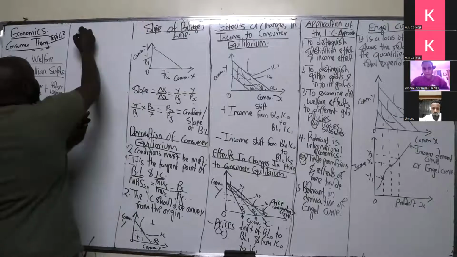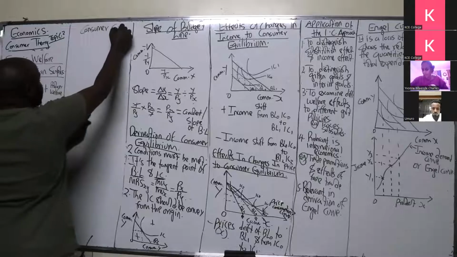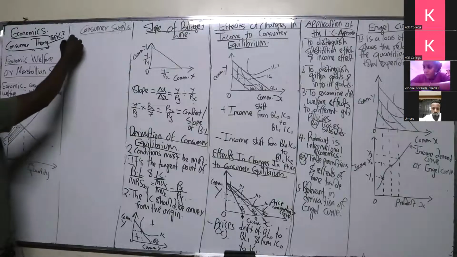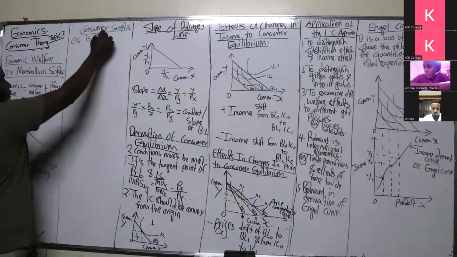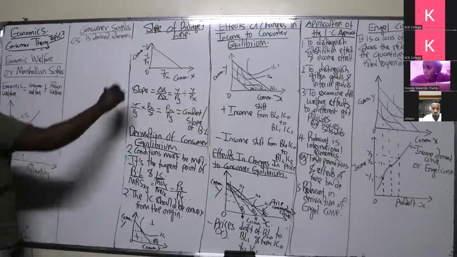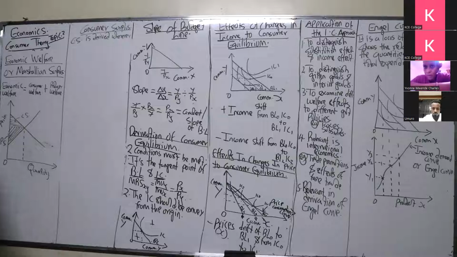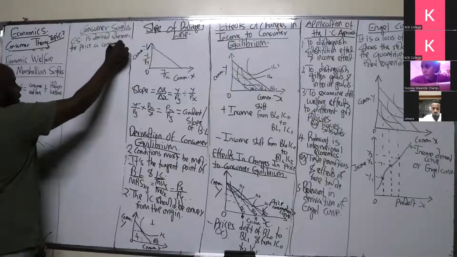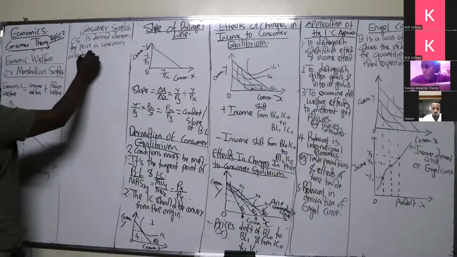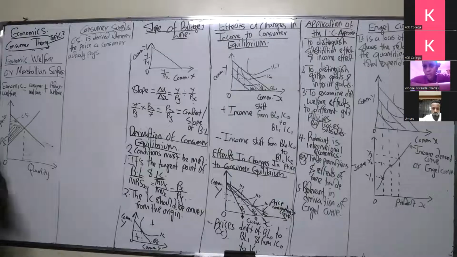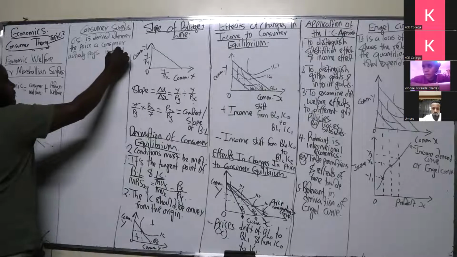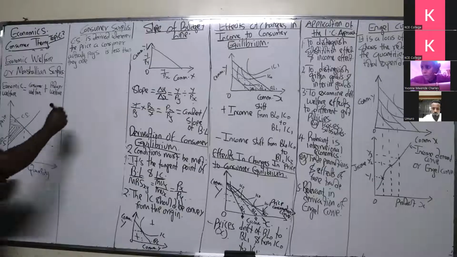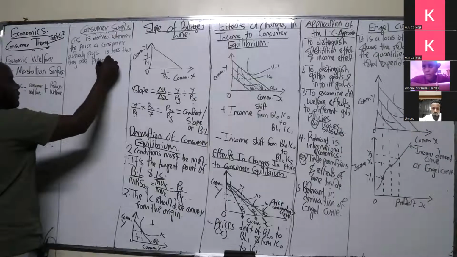So what is consumer surplus? Its definition is: consumer surplus is derived whenever the price a consumer actually pays is less than they are prepared to pay.